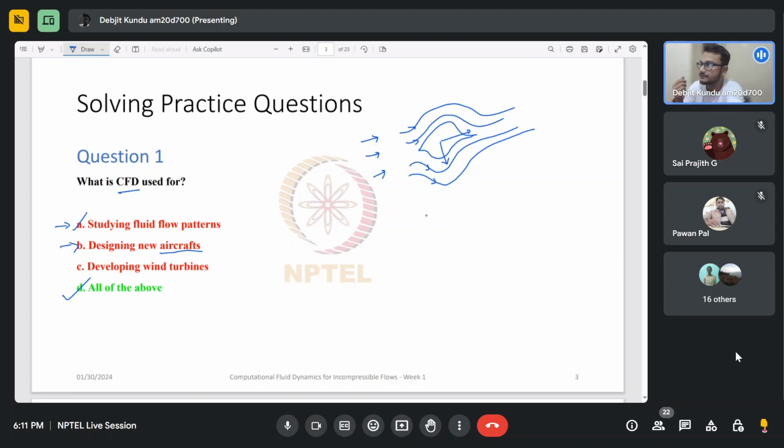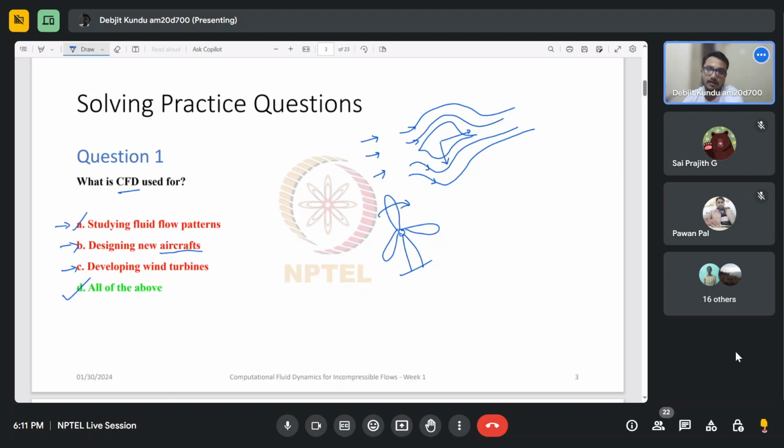And following that same philosophy, there are wind turbines. Recently there has been a very strong focus on renewable sources of energy, and windmills or wind turbines are definitely one strong contender there. So designing and development of these systems is also possible through CFD. To sum it up, these are very few specific examples.